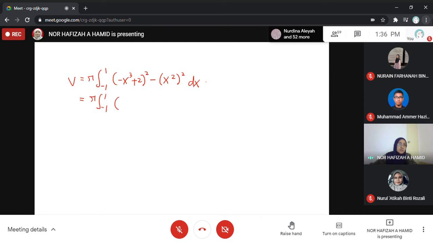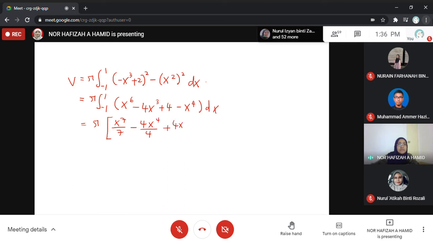You expand and you will have x power 6 minus 4x cube plus 4, minus x power 4, dx. Then you integrate pi, x4 over 4 plus 4x minus x5 over 5, from negative 1 until 1.